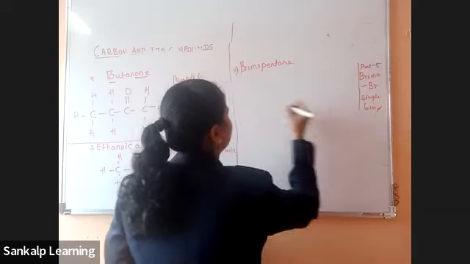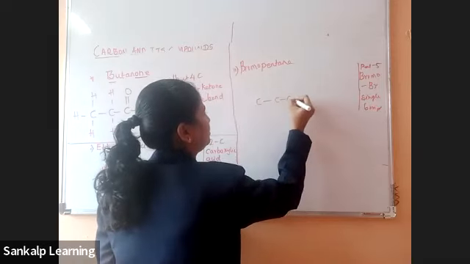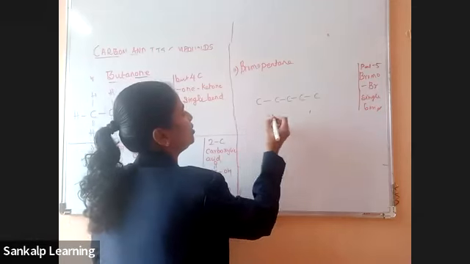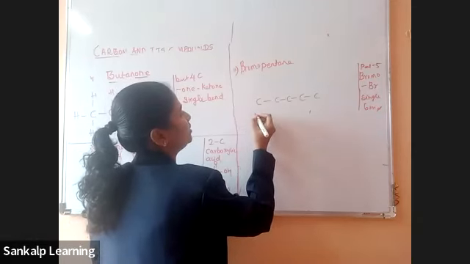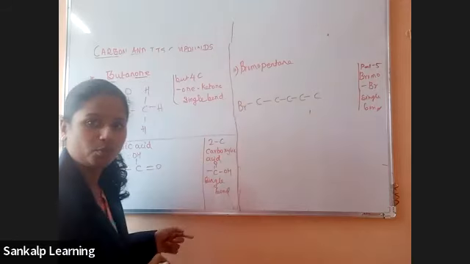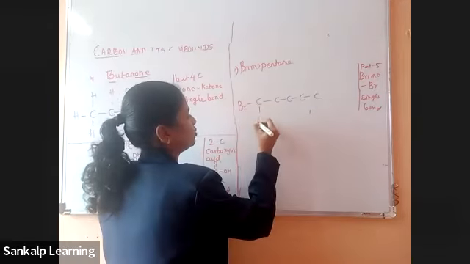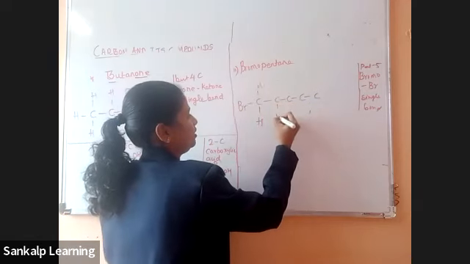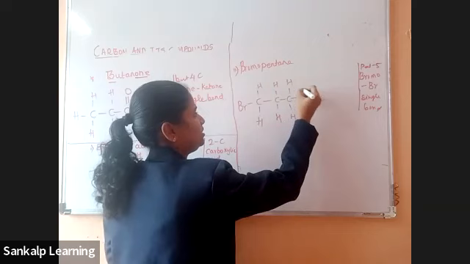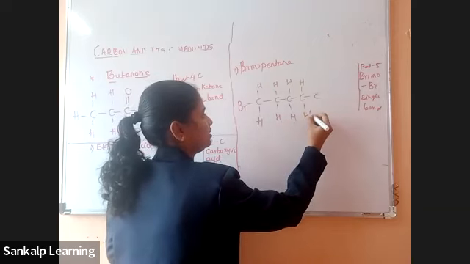Now, carbon, carbon, carbon, carbon, carbon, 5 carbon, and bromo is there now. So here first you write Br, bromo, then add H, H, H, H, H, H, H, H.